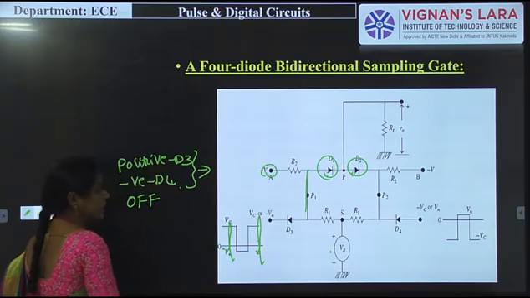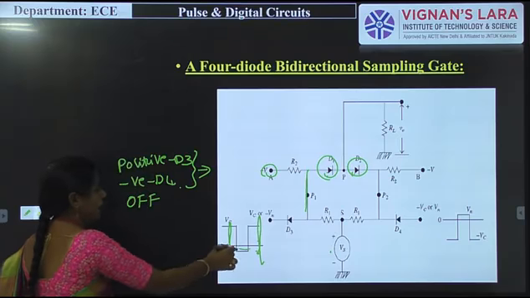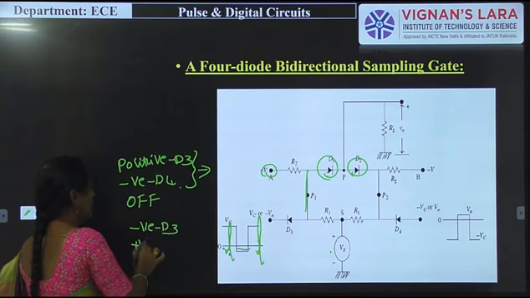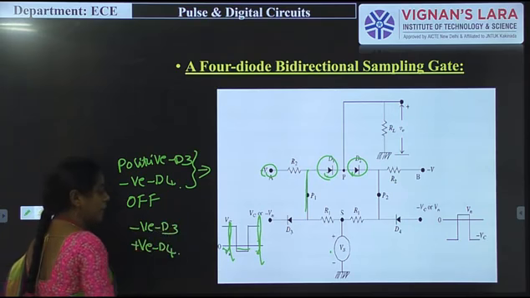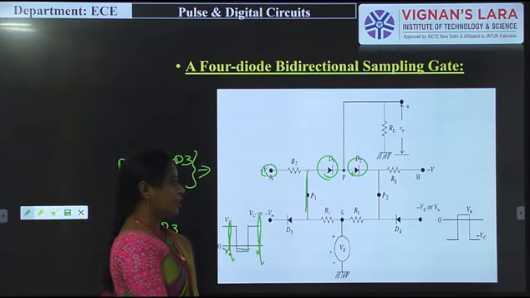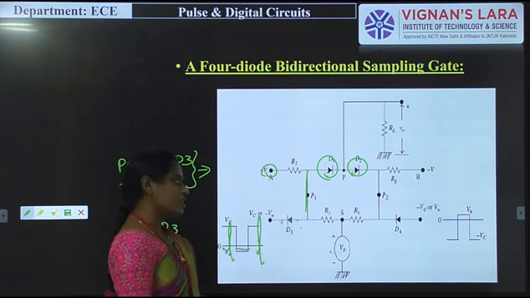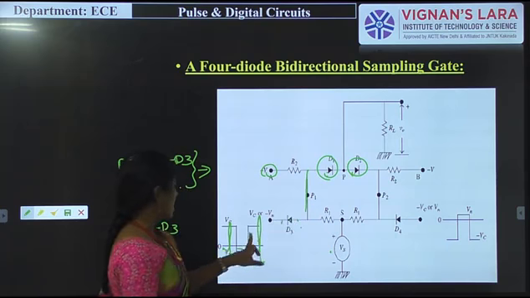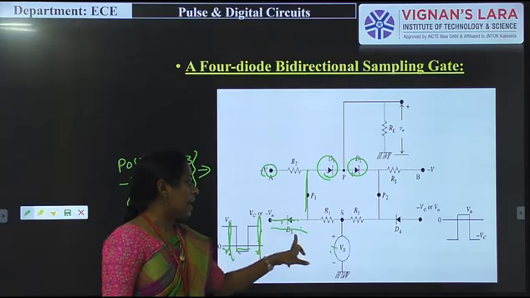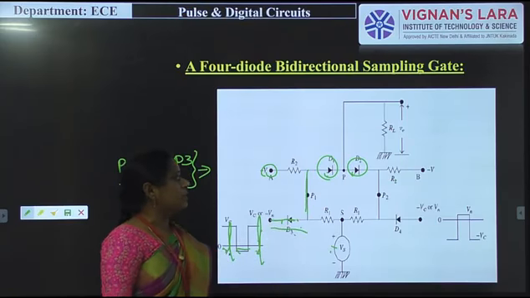In the second condition, we apply a negative signal to the diode D3 and a positive signal to the diode D4. During this time, diode D3 is in on condition and diode D4 is also in on condition. These negative signals will be passed here and combined with Vs and applied to the diode D1.